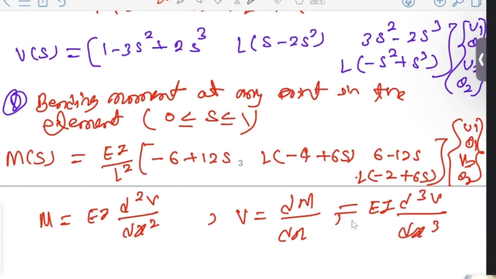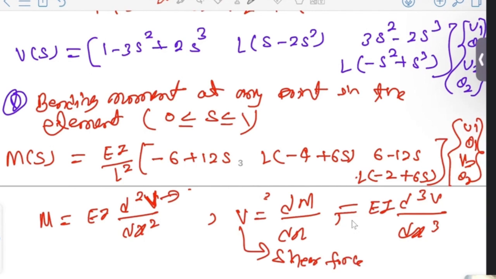These are simple strength of materials things. I'm going a little bit fast because it is not required. This is our shear force, not displacement. Yes, shear force, something I missed. This is our displacement only, v. This is shear force.